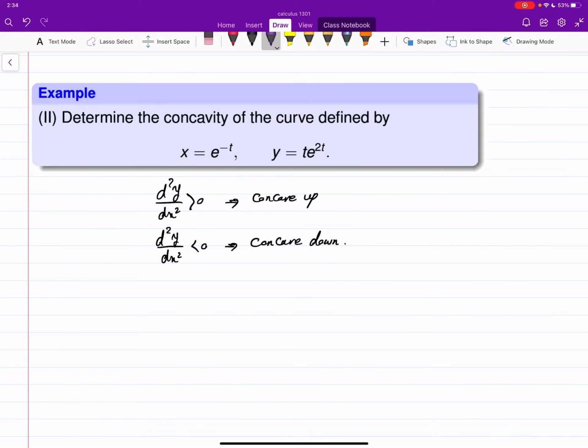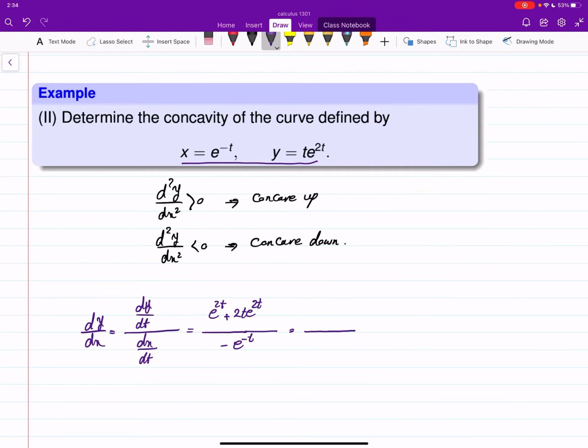So, long story short, we have to find the second derivative of these parametric equations, starting from the first derivative. This is going to be minus dy/dt divided by dx/dt. This is e to the power 2t plus 2 times t e to the power 2t. That's the product rule. And this one down there is e to the power negative t.